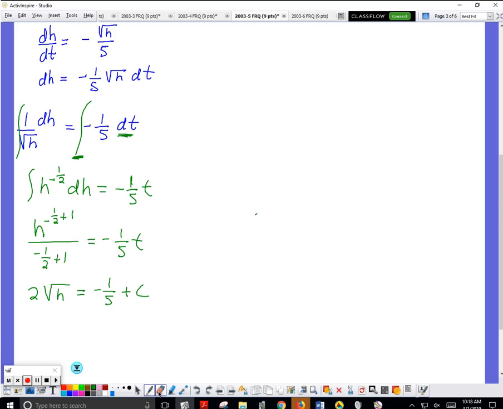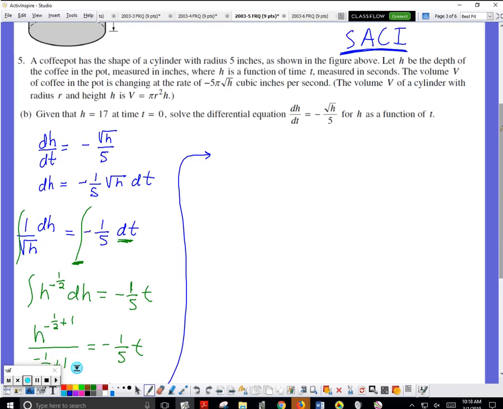How many saw the error? So back up here. Plug in the values. The value of h that they gave us is 17 when time is 0.